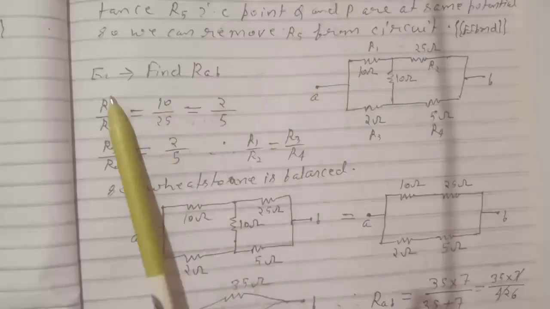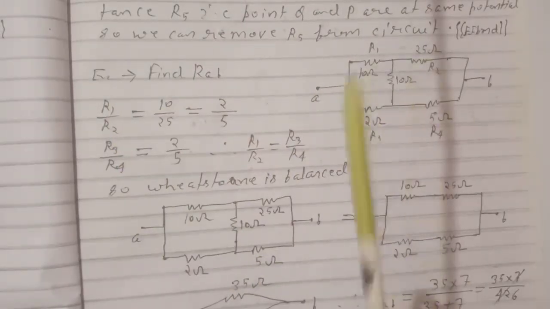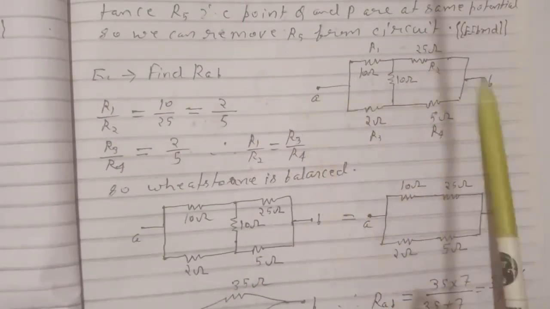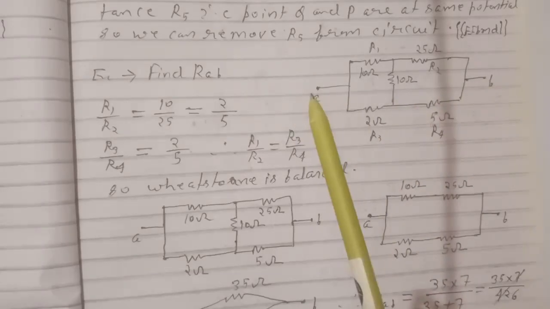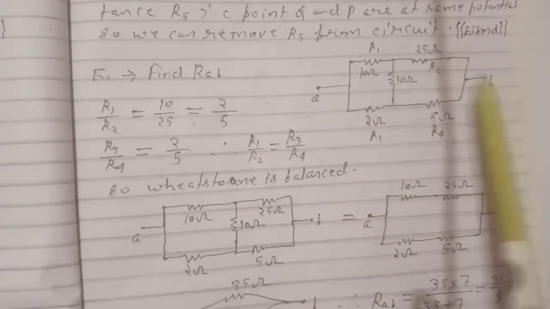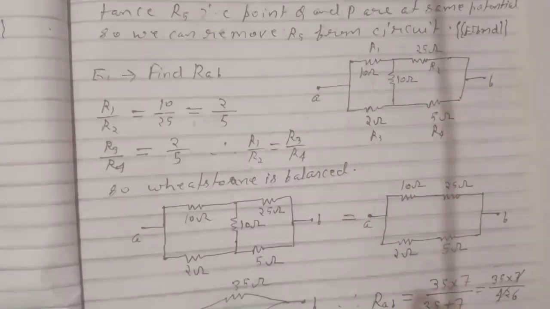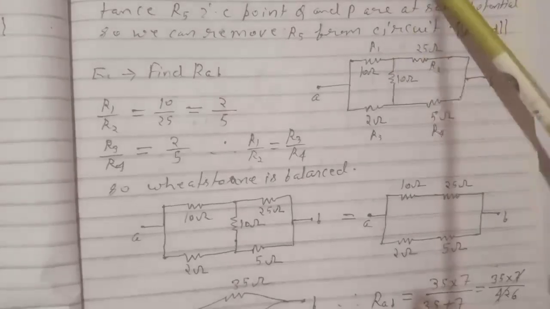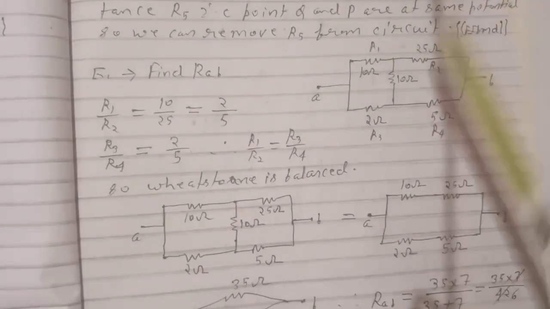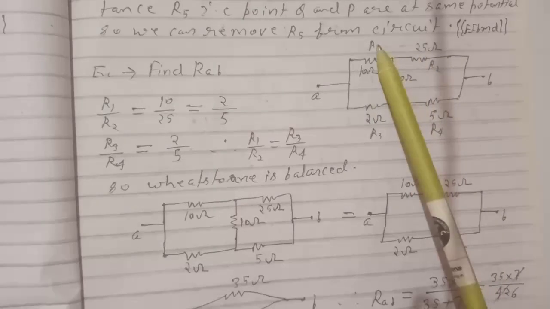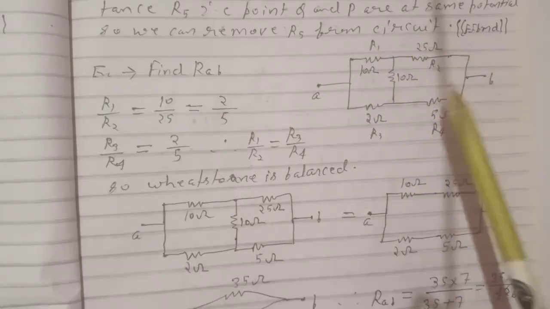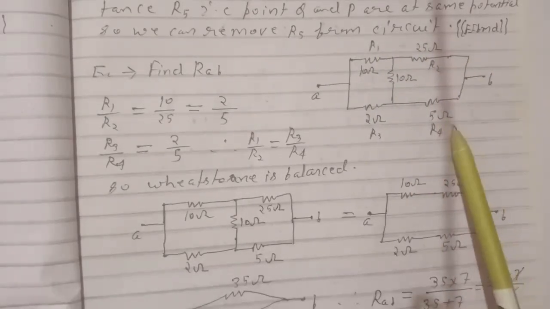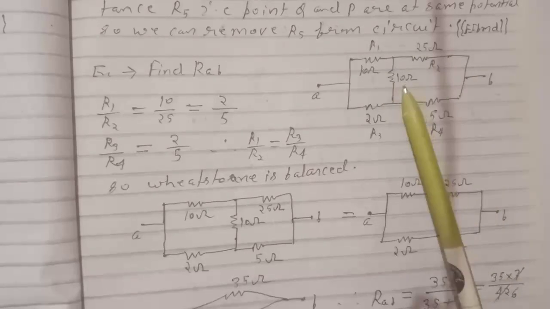Now based on this concept, let's see one problem. Here it is shown we have to find the RAB, that is equivalent resistance between point A and B. So we see that this is the case of a Wheatstone bridge. Here this is R1, R2, R3, R4. Now see whether it is balanced or not.